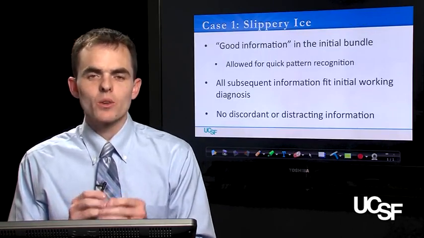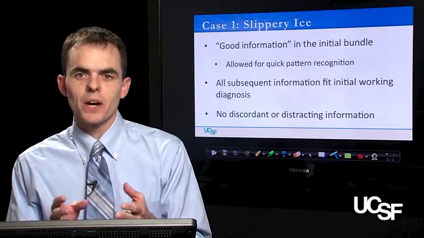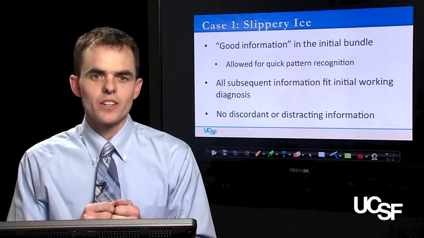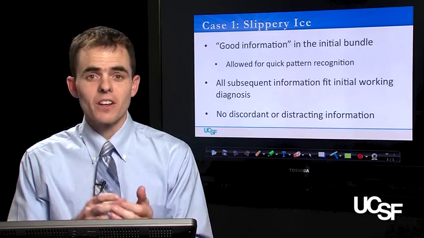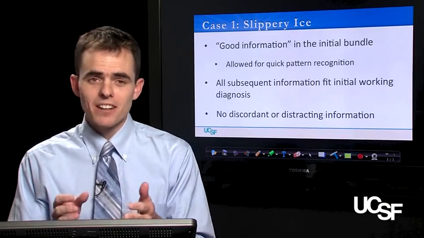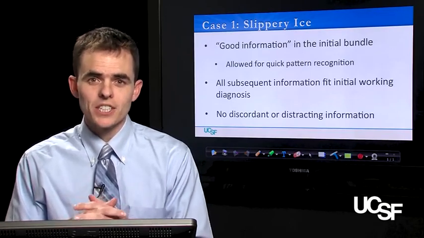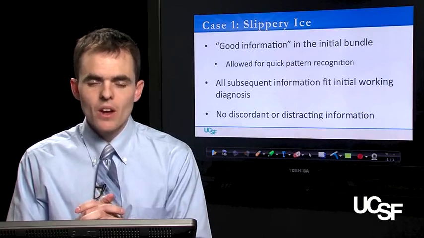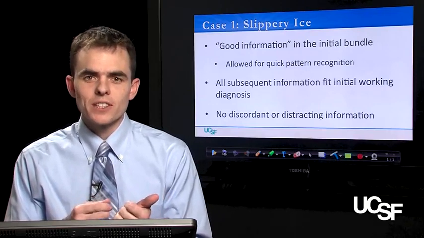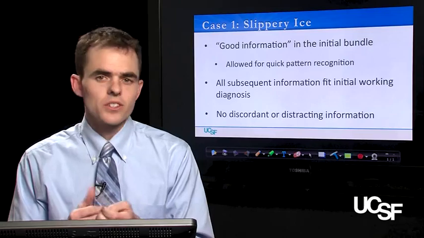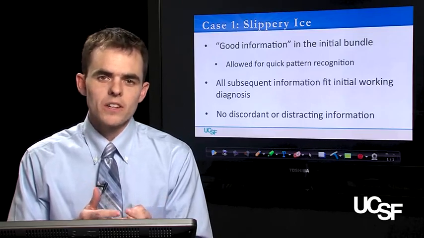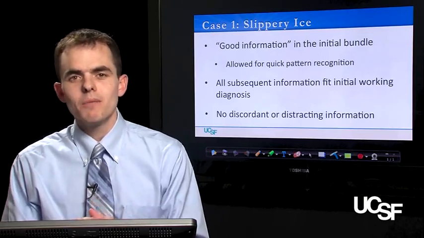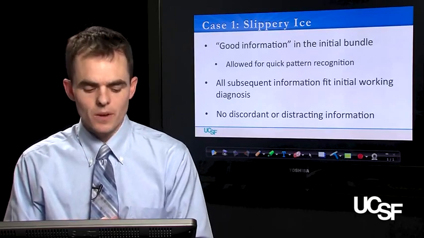First of all, there was good information in the initial bundle that you got in triage. This kid had fallen on his arm and he had pain in that arm. That allowed for really quick pattern recognition of what's probably going on. All the subsequent information that you got fit the initial working diagnosis. You were worried about a fracture all along, and the exam and the imaging all fit with that as you went along.